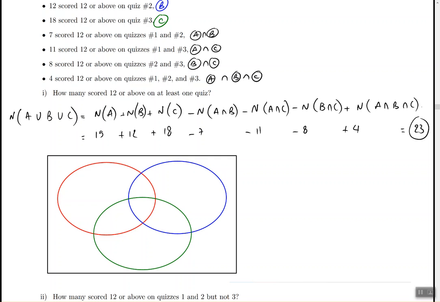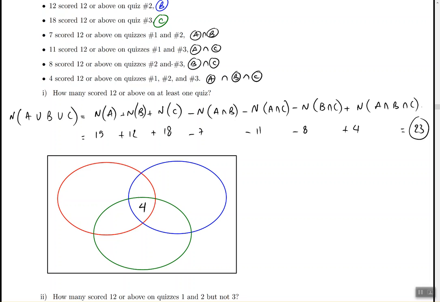So first of all, I know that there were 4 people that scored 12 or higher on every quiz. So the inner circle, the little triangular looking area, is going to have 4. Okay, so that's shared by all the circles. So that's why there's a 4 right there. Okay, now let's figure out.